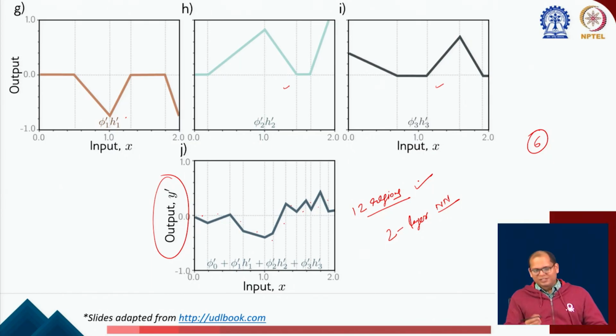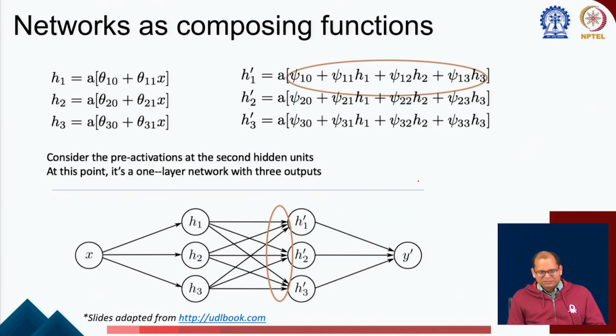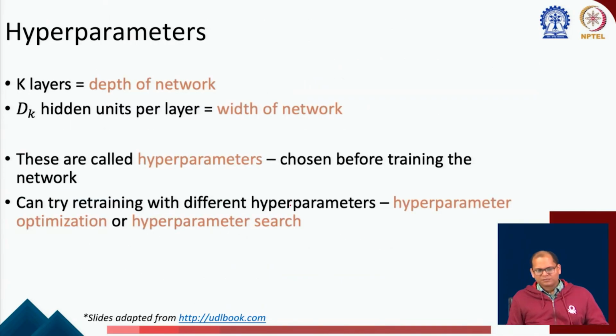So this is much more efficient to get regions through a deep neural network. At this point, this is simply a one-layer network with 3 outputs, but by applying nonlinearity, you make it a two-layer neural network, and this gives you the further advantage of using multiple layers.